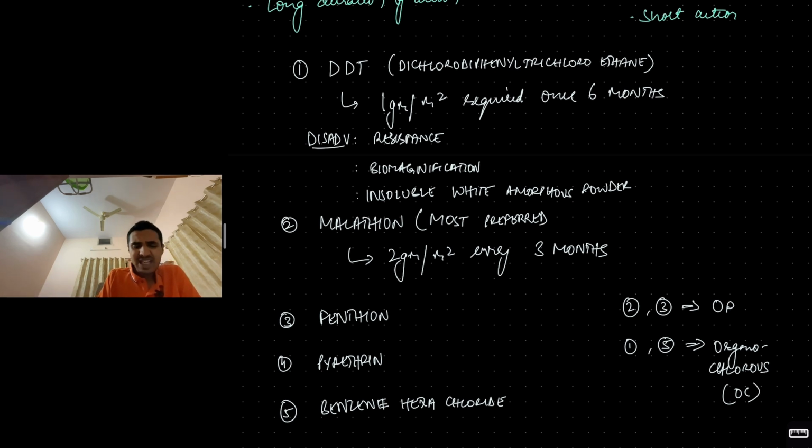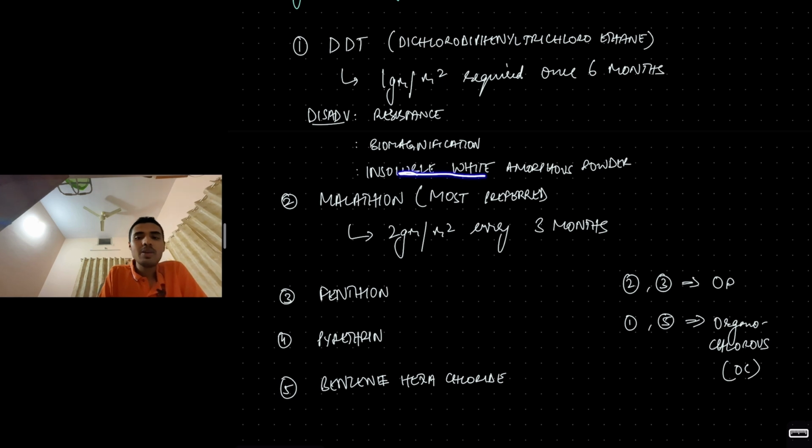But DDT is nowadays not commonly used. First of all, it is an insoluble white amorphous powder, so you have to mix it in some organic solvent, etc. Biomagnification. What is biomagnification? I hope all of you remember from high school. Basically, let's say a plant has 1 gram of DDT.